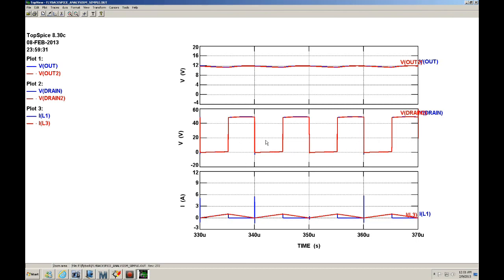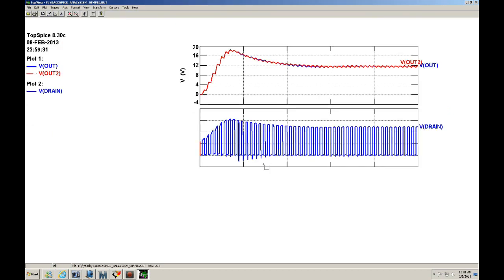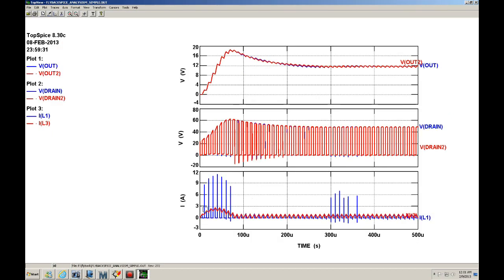The only place that you do see a difference, and it's a good difference, let me explain this. These little spikes are just artifacts, so those are not real. Those are SPICE artifacts, I guess you can call them.